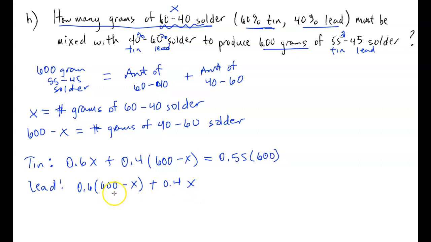So here's the 40-60 and here's the 60-40, and that would have to be equal to 45% of this 600. I could use either one of these equations to come up with my value for X. Okay.